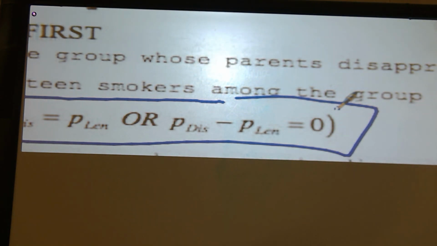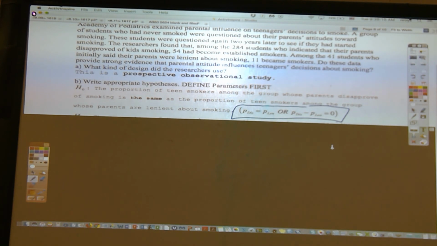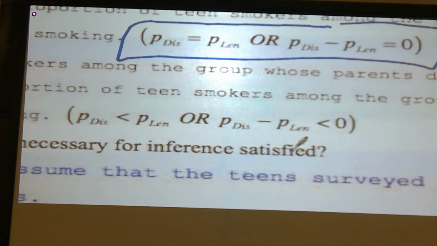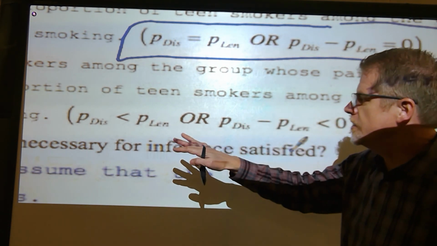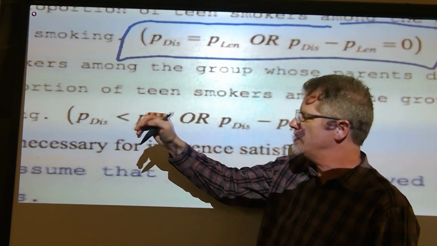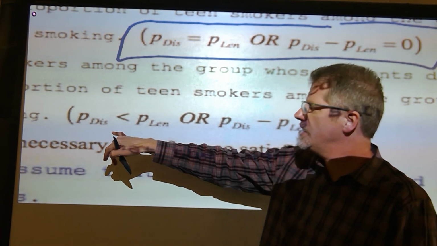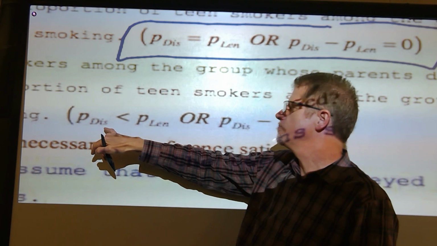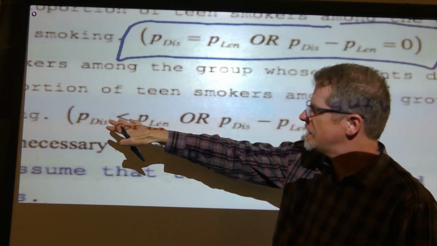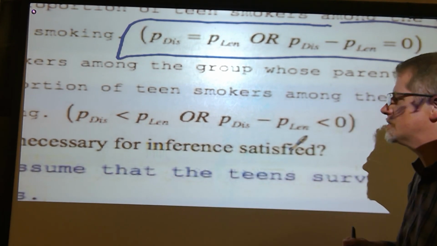You assume that there's no difference in the proportion of smokers between those groups. For the alternate hypothesis, we have to think here, and the thought is that those who disapprove, that would cause there to be less smoking than those who are lenient.